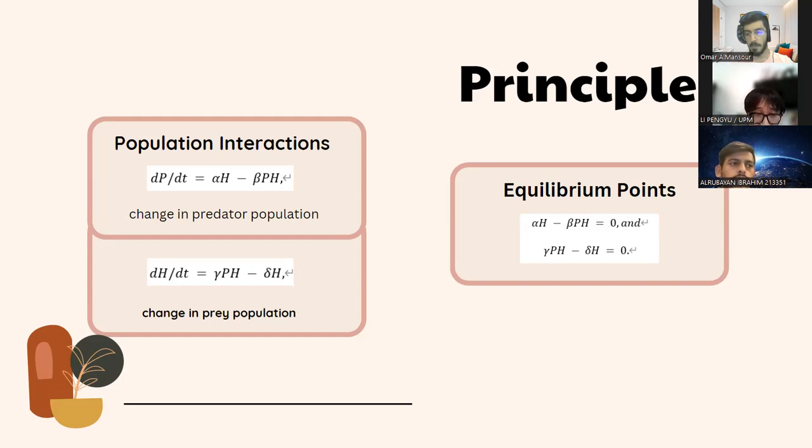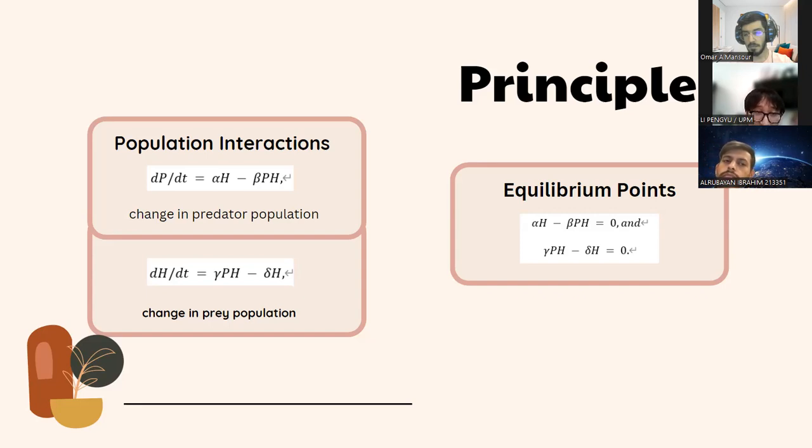And this model determines a balance point, the equilibrium point at which predator and prey populations are in a stable balanced state.